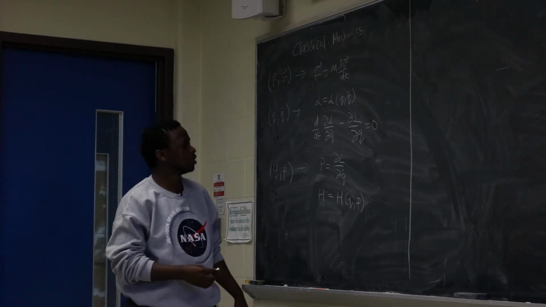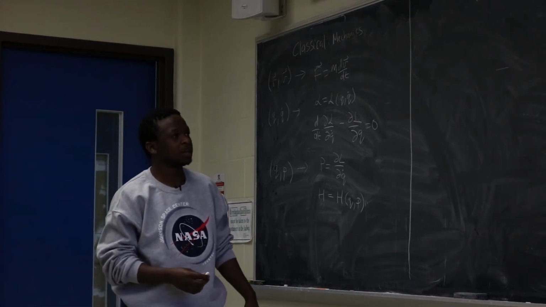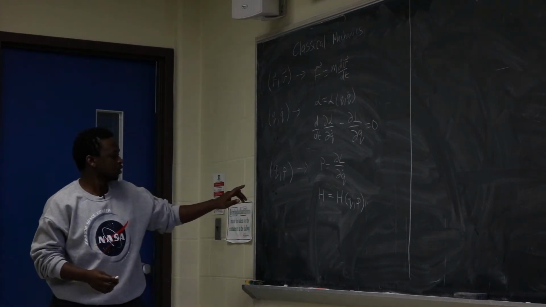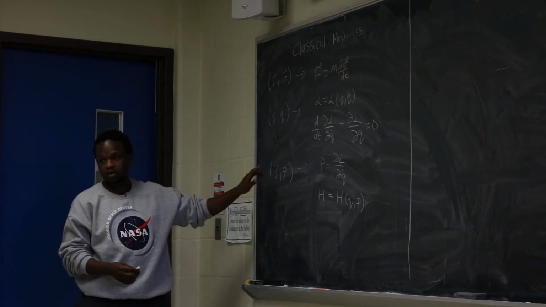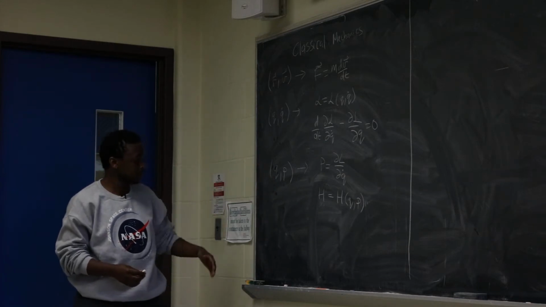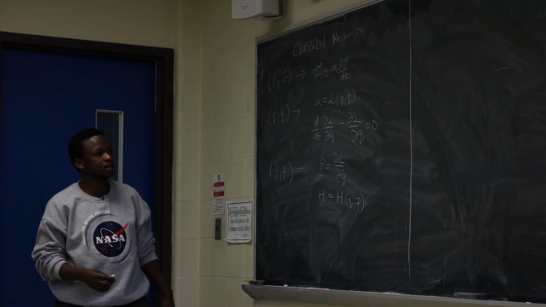But now when we switch to quantum mechanics, we know that the uncertainty principle tells us that we can't know both the velocity, the momentum, and the position simultaneously.